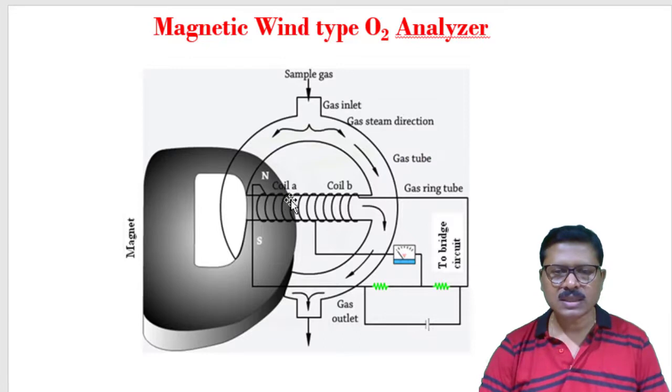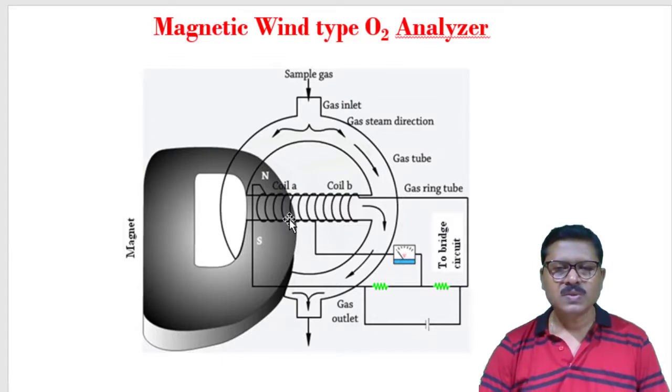As this coil is less heated and this coil is more heated, this coil will have less resistance, and this coil will have higher resistance, because resistance RT is equal to R0 into (1 plus alpha into T), where T is the temperature of that material, in this case the temperature of the coil. So there will be a change of resistance here.